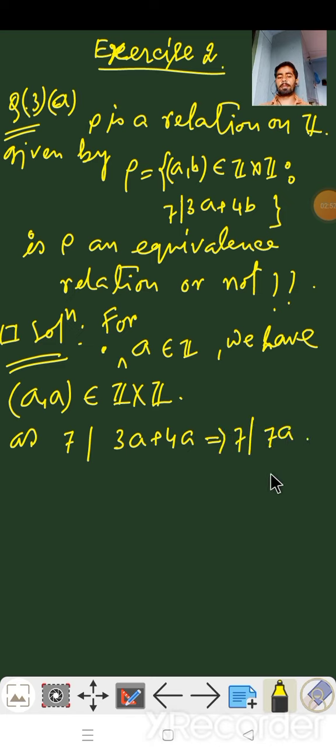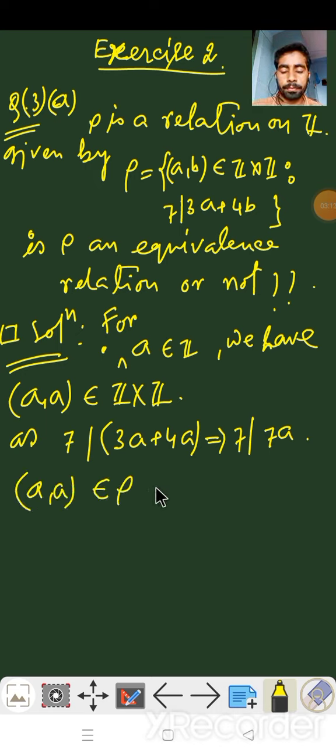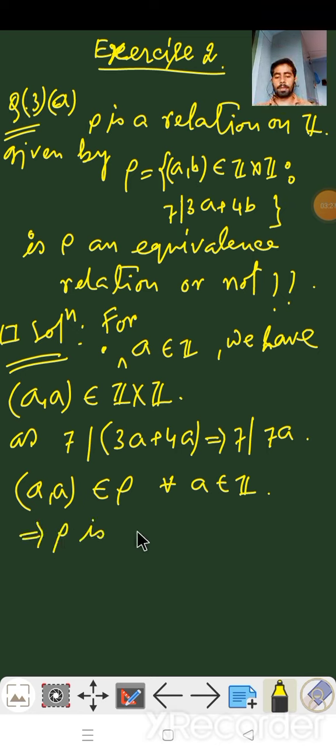As 7 divides 7a, we can conclude that the ordered pair (a, a) belongs to rho. For any arbitrary a belonging to Z this is true, which implies that rho is reflexive.